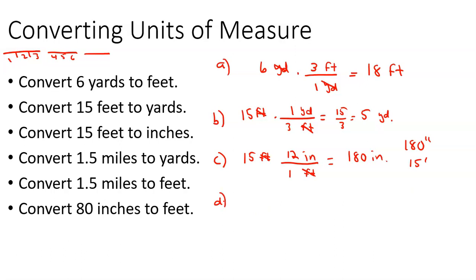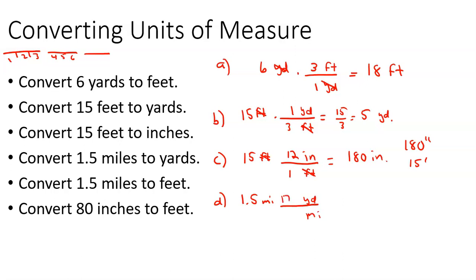All right, part D. If I want to convert 1.5 miles to yards. So 1.5 miles, and I want to convert that into yards. Well, how many yards are there in a mile? 1,760. If I forget that, I could always go back to inches and such. But now my yards are in the wrong spot, right? I want to get rid of the miles. So here, I'll put the miles down on the bottom and the yards on top.